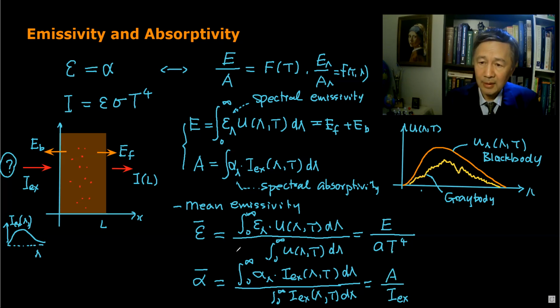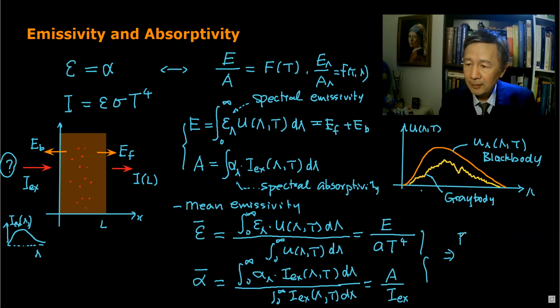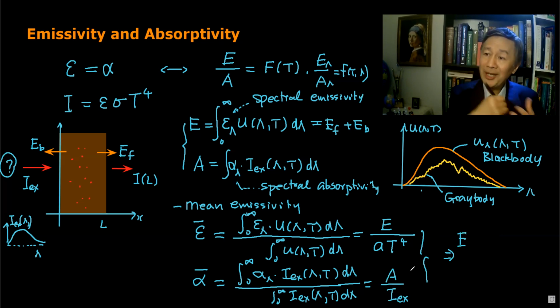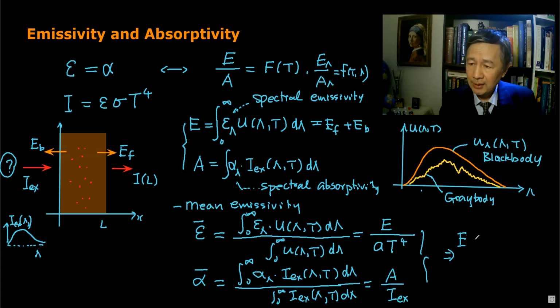So if you rewrite these two formulas, what do we have? We regard the emission or radiation by the absorber as equal to a constant epsilon multiplied, and there are some constants missing, right?